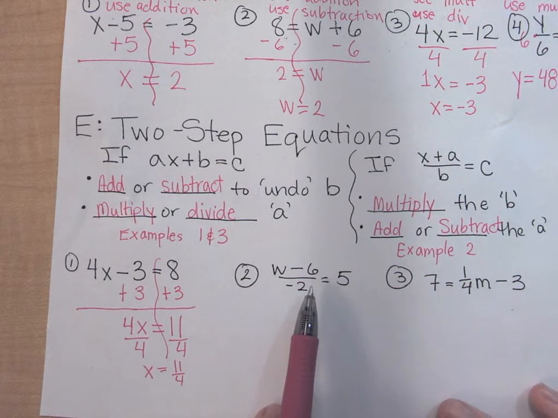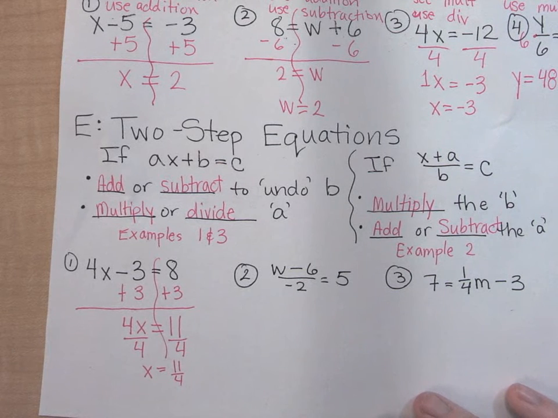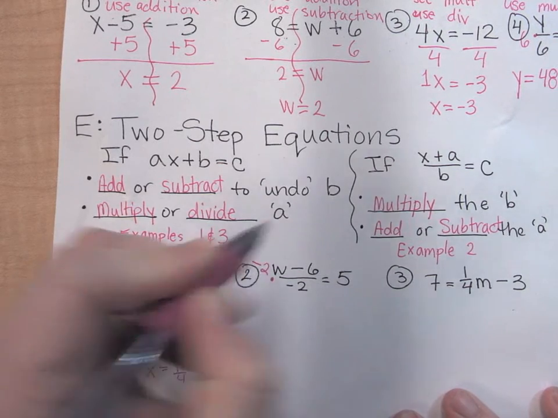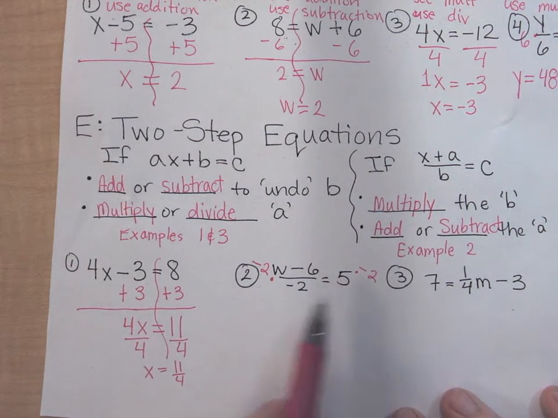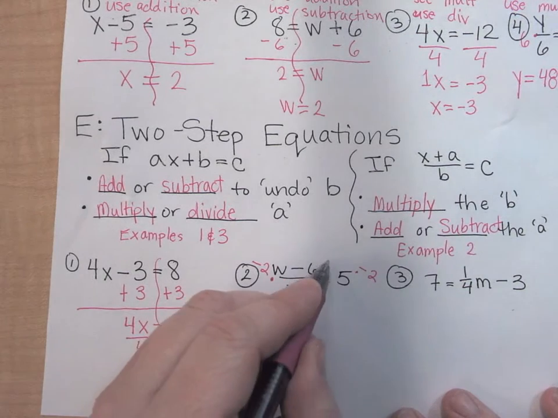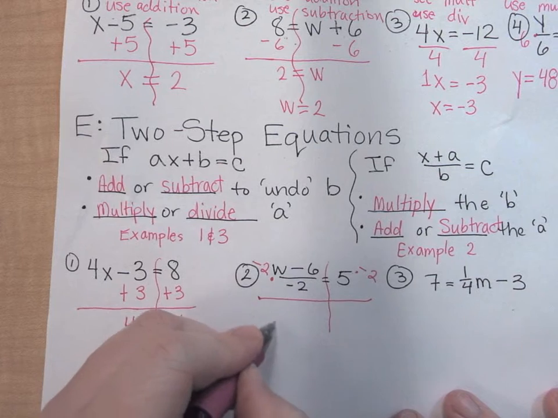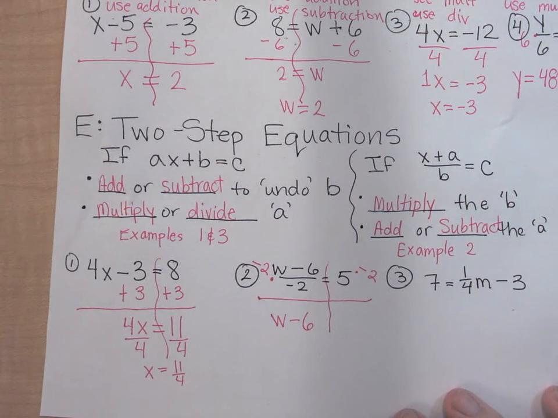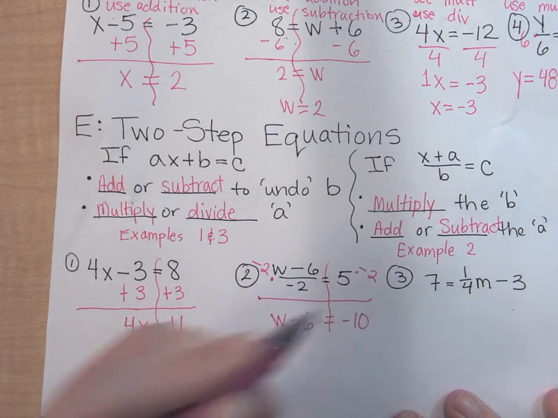All right, so with example 2, the first step we do here is we have to multiply. What is our b value? The -2. So we're going to multiply both sides by -2. So then on the left-hand side, I'm left with my numerator, the w minus 6, and that's going to be equal to 10.